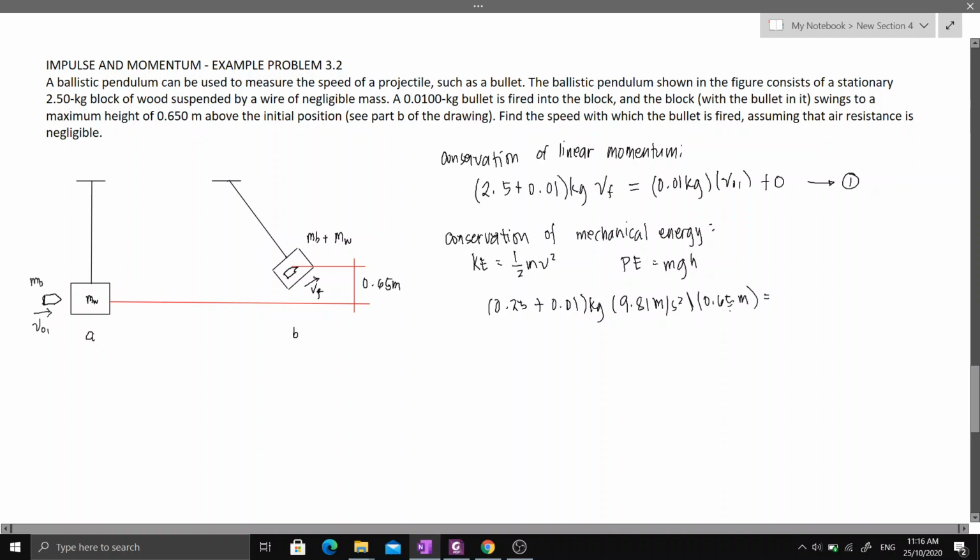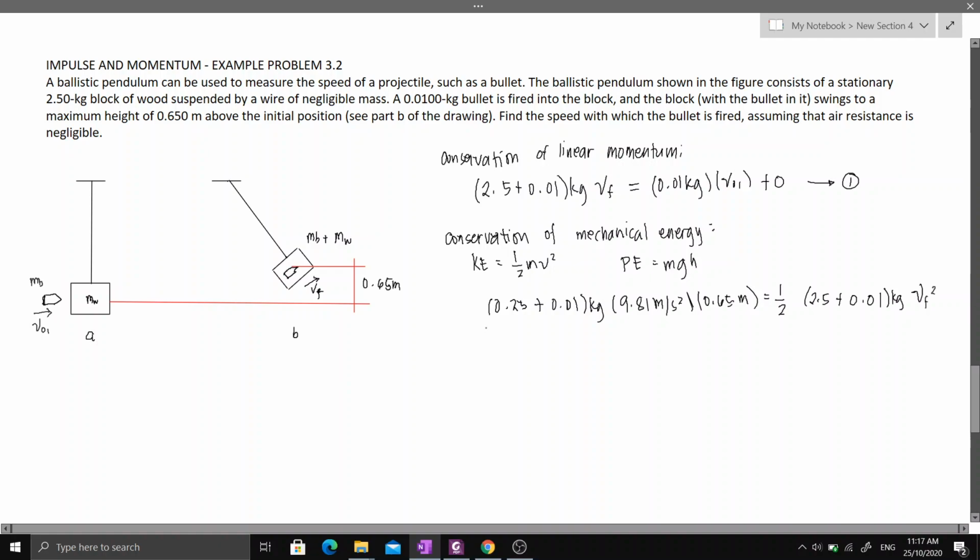This is now equal to the kinetic energy, which is 1/2 times 2.5 plus 0.01 kilograms times v sub f squared.